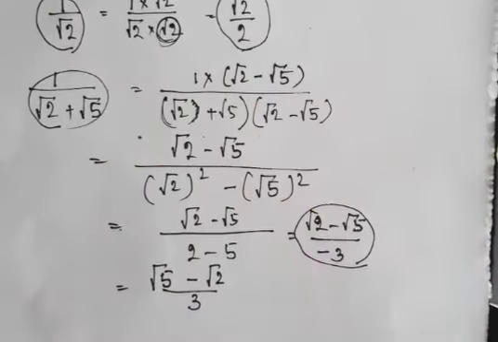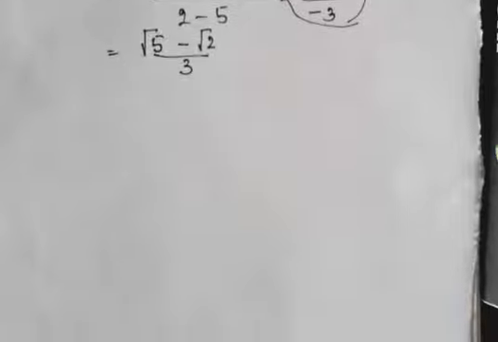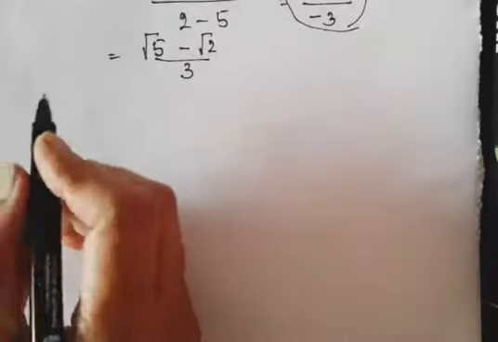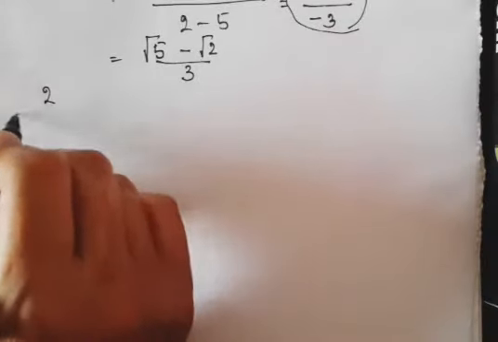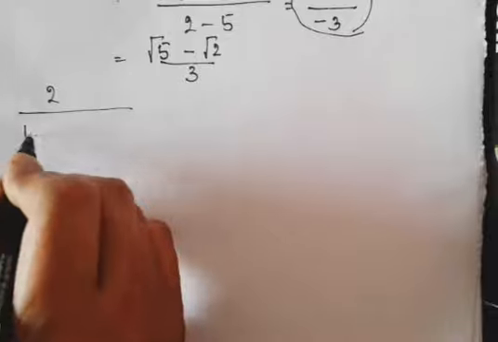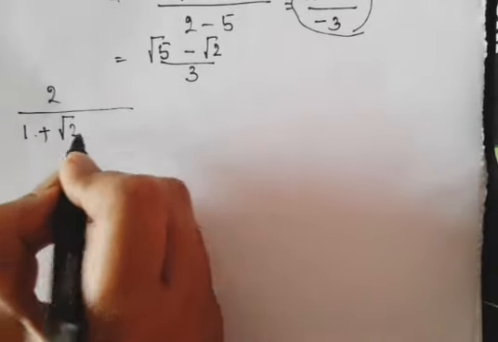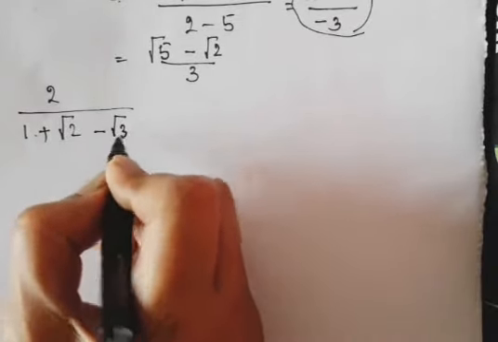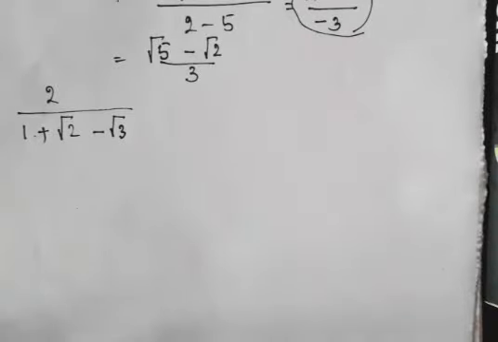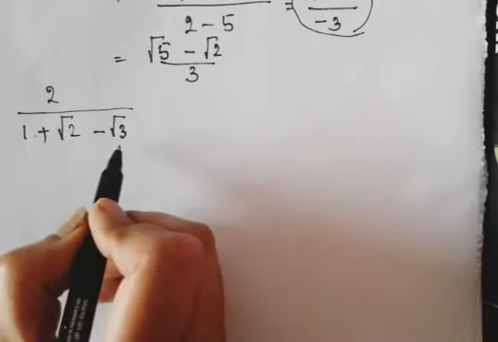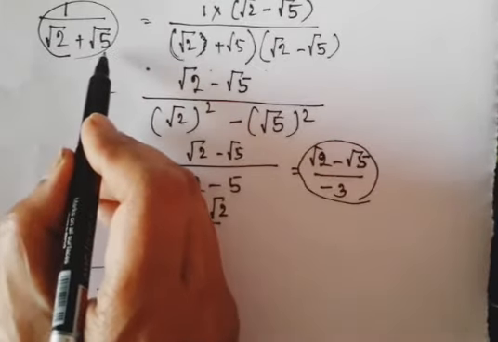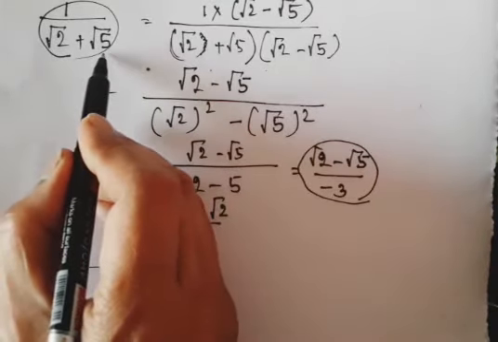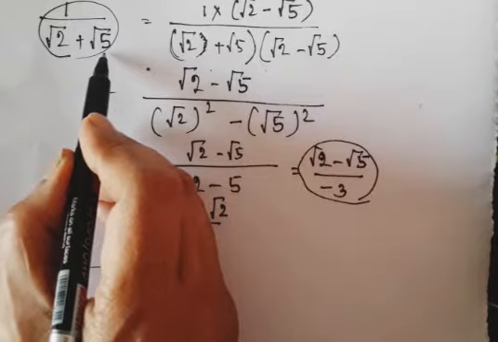I am going to show what to do whenever the denominator consists of three terms. I have taken a very simple number. Suppose I take here 2 divided by 1 plus root 2 minus root 3. So here you see we have 3 terms, but I have told you if it is in a plus b form, you multiply a minus b, that is your rationalizing factor.